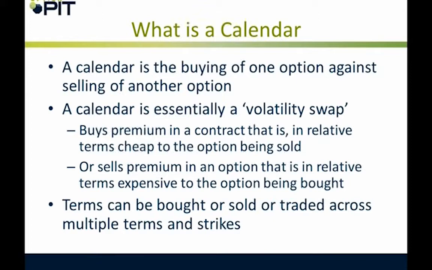Different terms can be bought or sold, or trade across multiple terms and multiple strikes. There can be really, really complex calendar spreads, but for the most part, most traders in terms of the retail are going to be used to just plain vanilla calendar spreads. Buying a longer dated option, selling a nearer dated option.